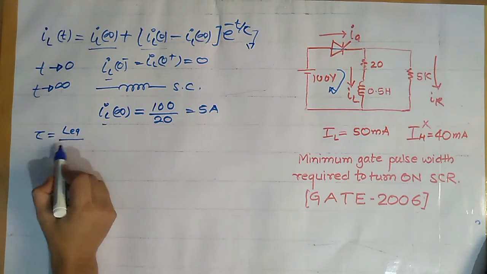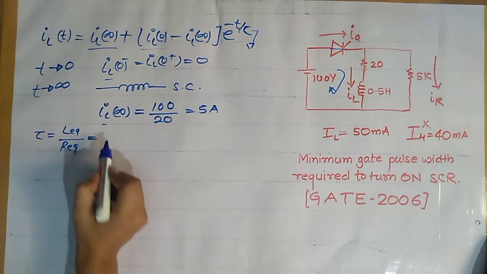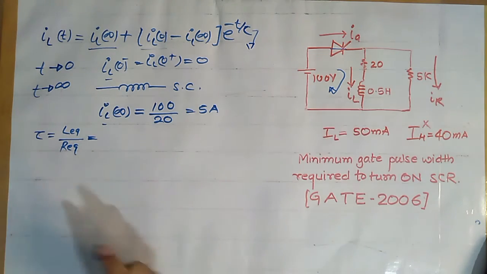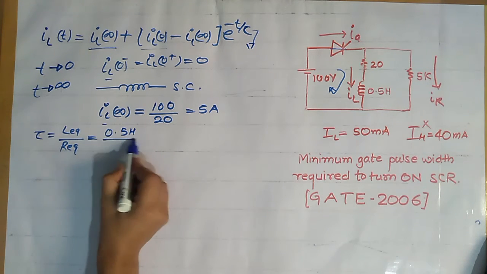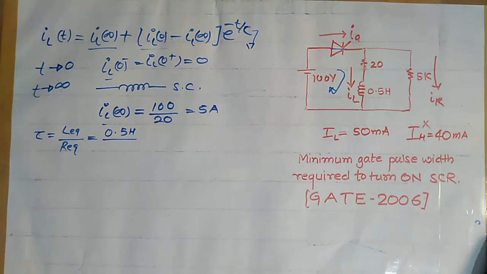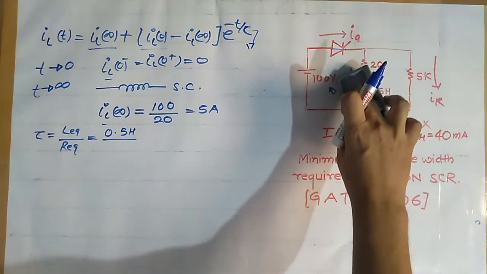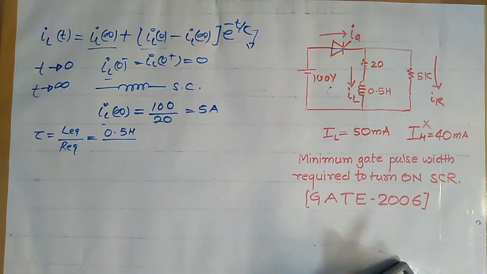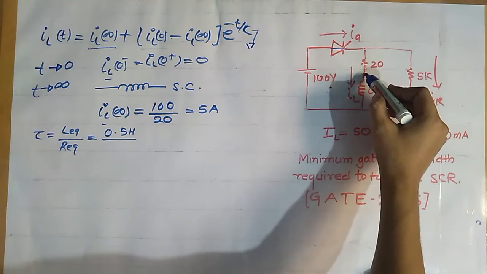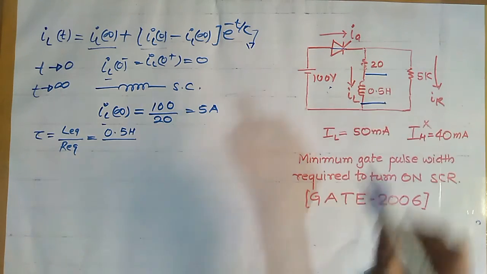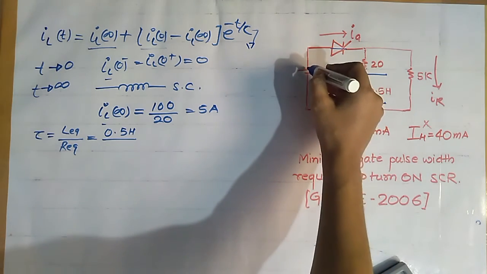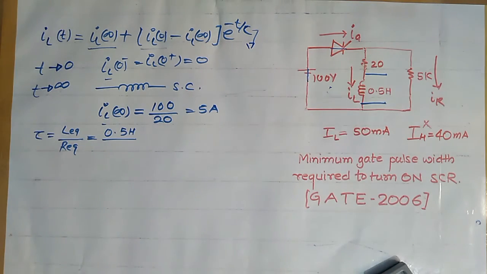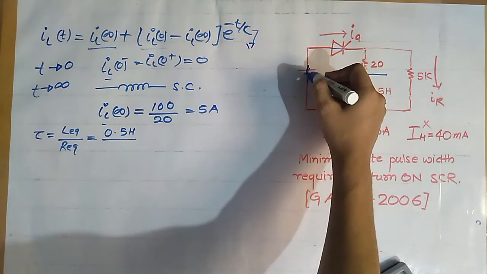Tau is simply given by L equivalent by R equivalent. The inductance is 0.5 Henry. And what is the equivalent resistance? For t tends to infinity, this SCR is turned on and acting as a short circuit. Now we have to find the equivalent resistance across this inductor. We simply short this voltage source to find the equivalent resistance. This is the simple procedure.